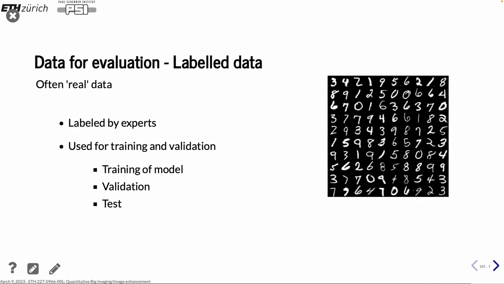You can also use labeled data, some real data which is labeled, and you can use it for validation of training models and testing, and that we will talk about a little bit more in the next lecture.